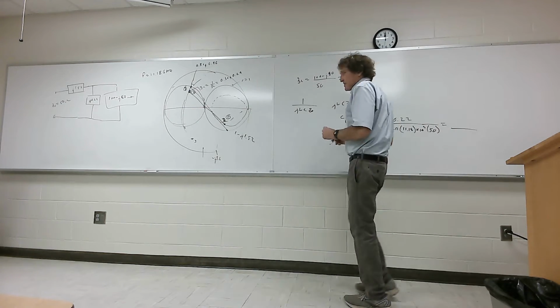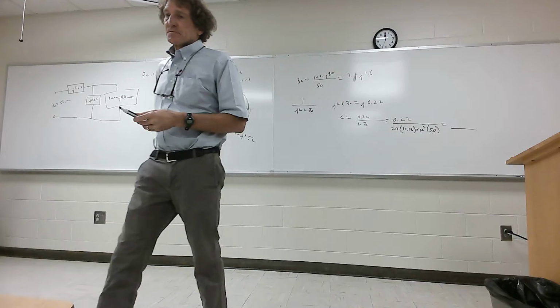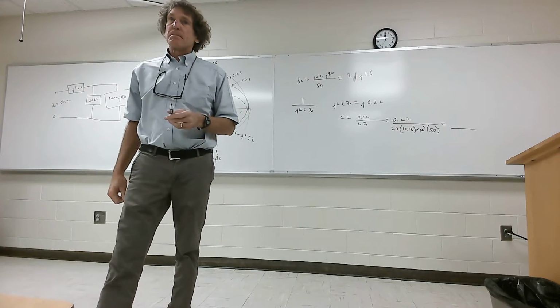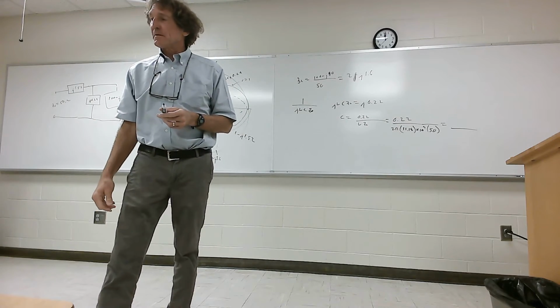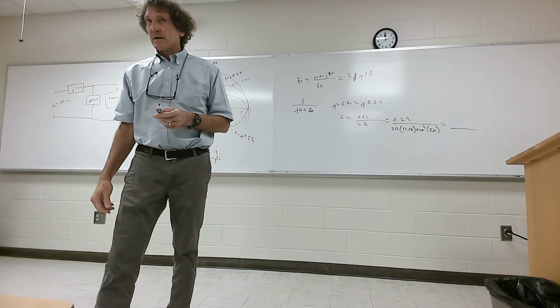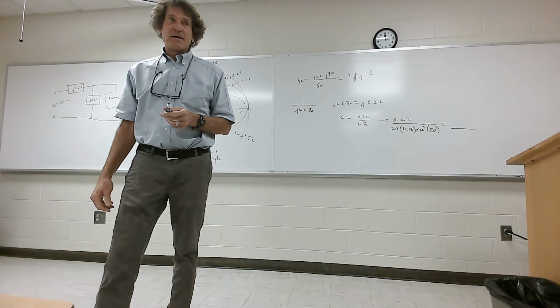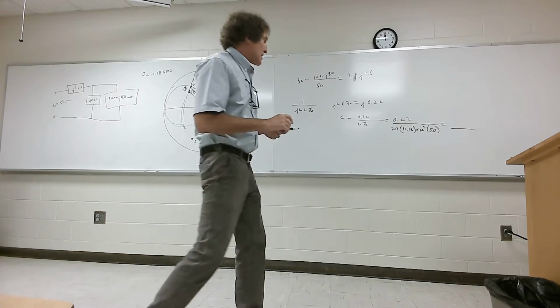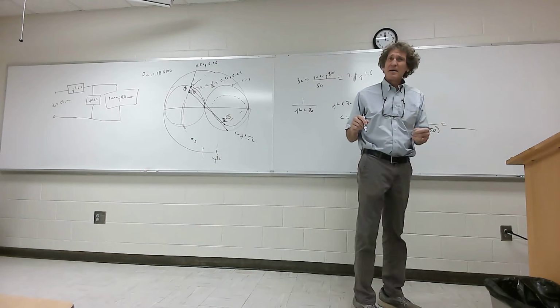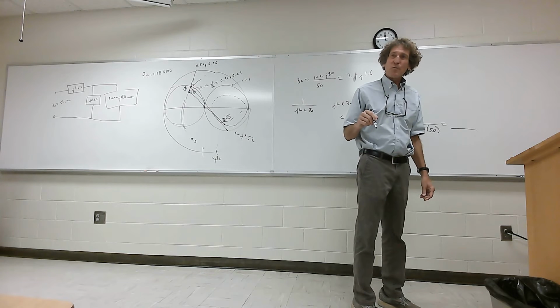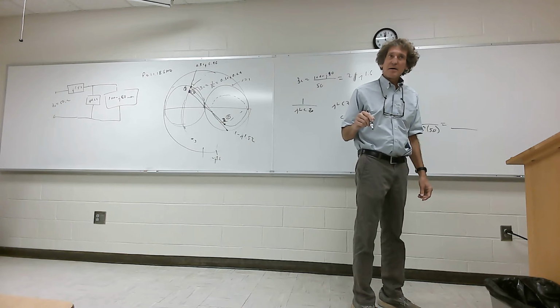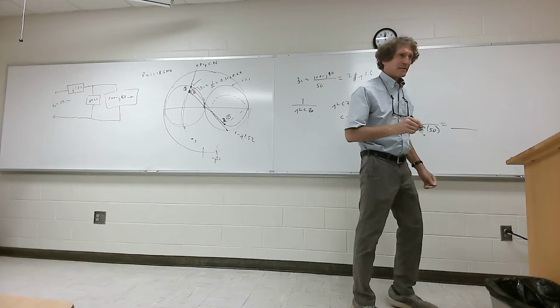So what do you get for that value, C? What'd you get? Anybody? 6.26 times 10 to the negative 14. Is that right? 6.26 times 10 to the negative 14.